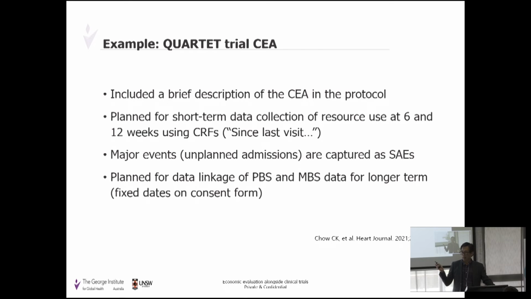Emily's now given us an example of a study that she led a couple of years ago. It's called the Quartet trial. It's a quad pill for cardiovascular disease, so it's a 4-in-1 pill to reduce blood pressure, I think cholesterol as well, and it's really something that comes on the back of global initiatives to improve adherence to cardiovascular medicine.